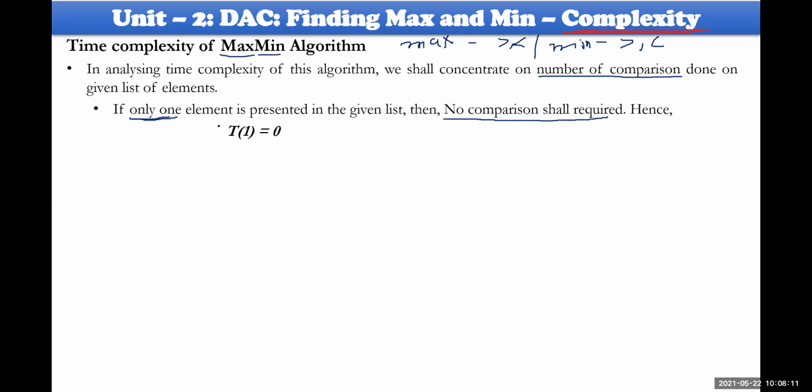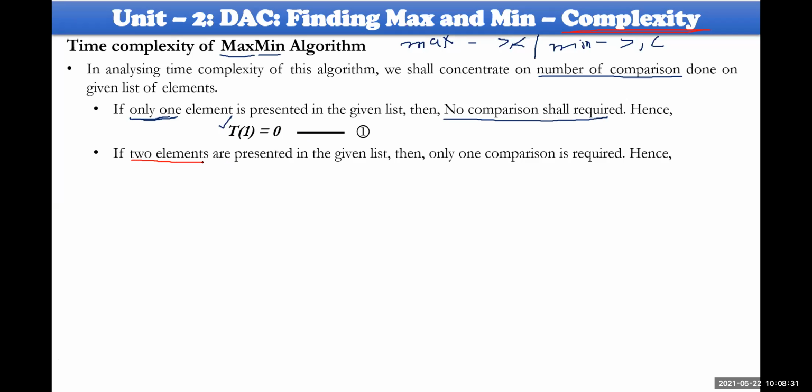Then, if the number of elements is 2, what exactly are we supposed to do here? If the number of elements is 2, one comparison will be required. A single comparison will be required. So T of 2 will be equal to 1.